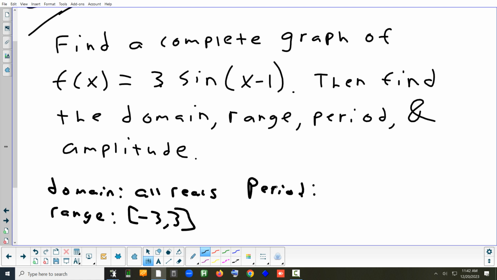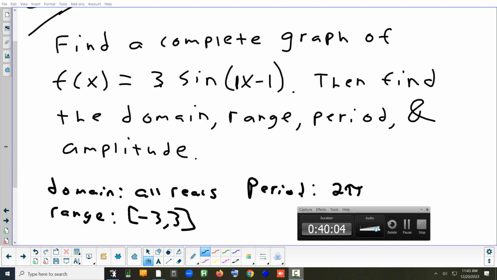That's a horizontal shift. No, b is not the vertical stretch. B is the number that is in front of x. B is 1. So there is no period change in this problem. You're not changing the period. So the period is 2 pi.